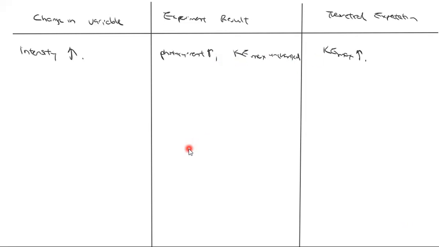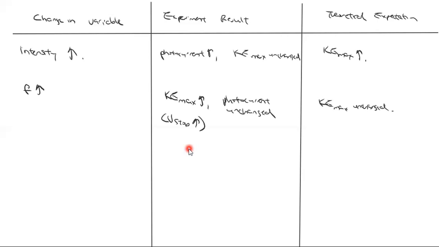Now, we also found that as we increased frequency, our experimental result was Ke max went up and photocurrent unchanged. But what we expected was that the Ke max would be unchanged. And we measure Ke max by using V stop, so V stop goes up.